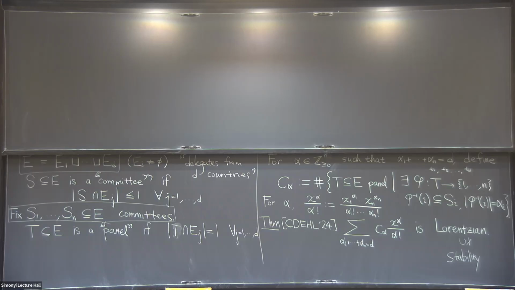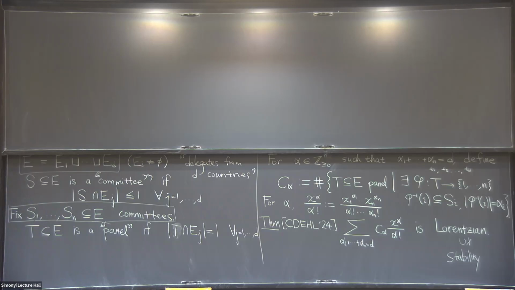Is the number 1 important? Like, what if I want to allow more than 1 to be drawn from E_i? You can probably do something, but at least I don't have a theorem, or I don't know how to prove if there is such a theorem. But it's certainly a natural direction one can take this.